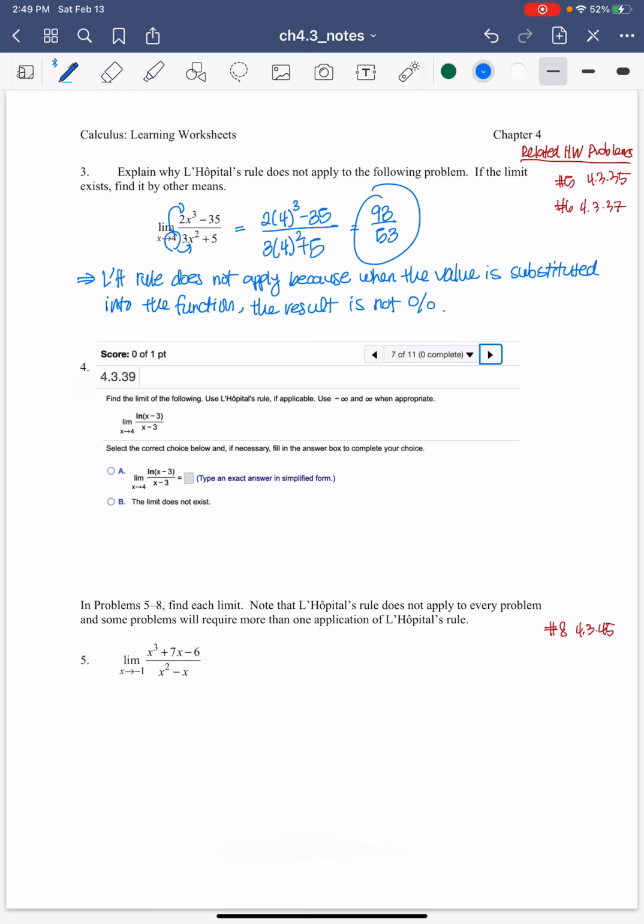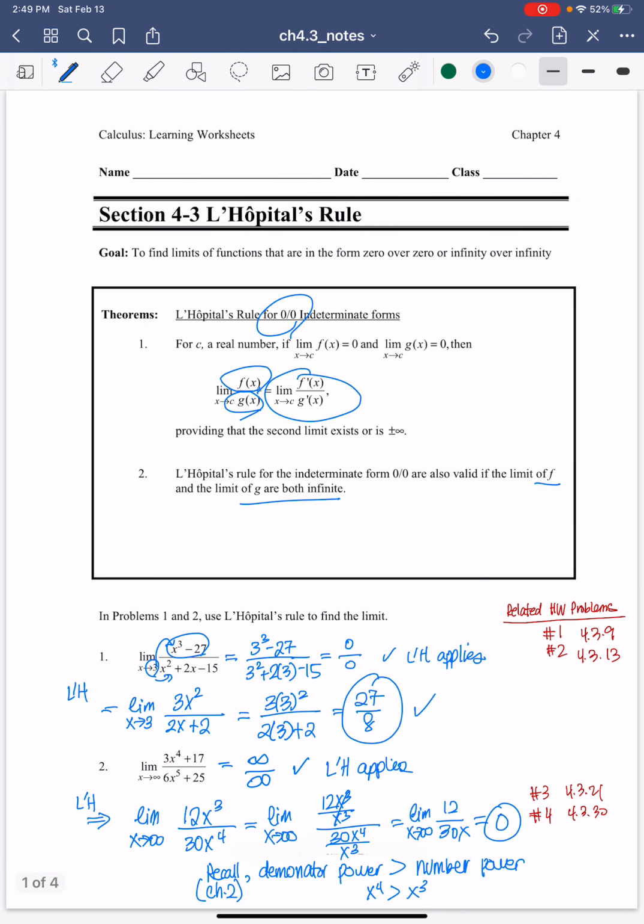So again, the only time you can apply L'Hopital's rule, which means take the derivative of top and bottom, is when you have an indeterminate form, either 0 over 0 or infinity over infinity.